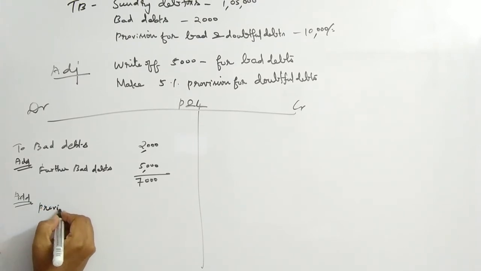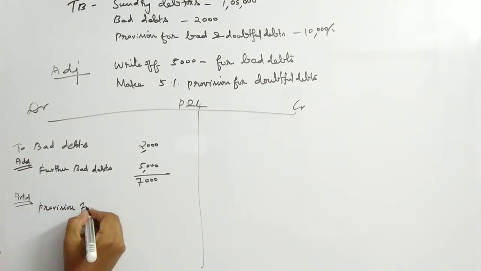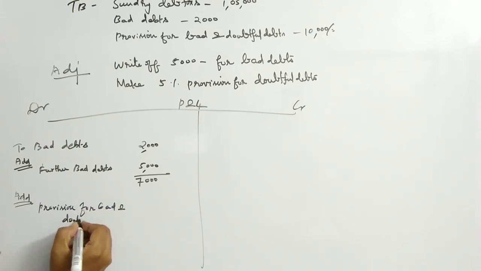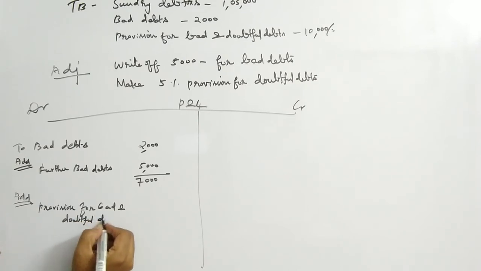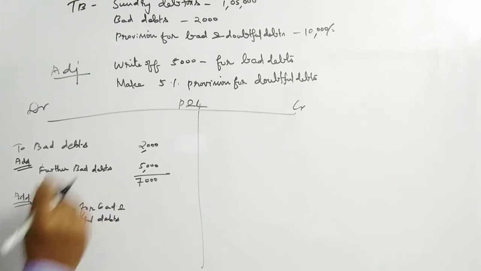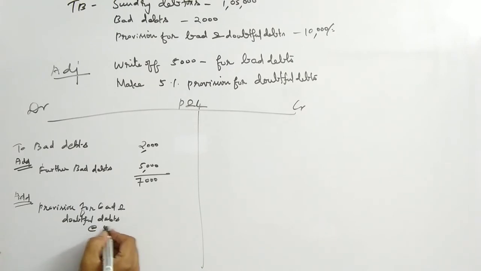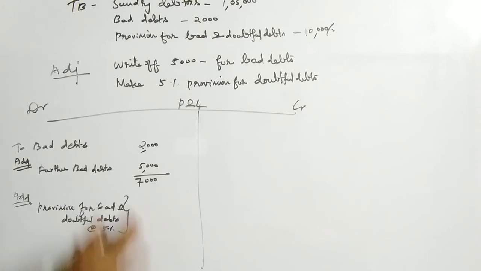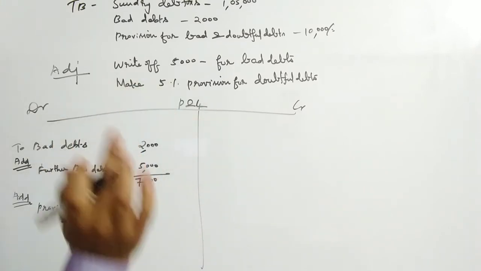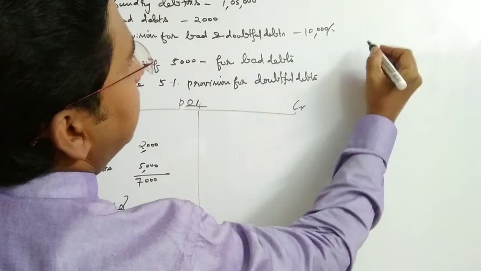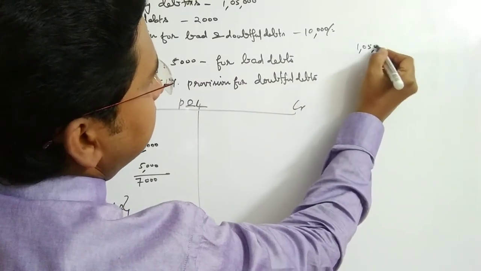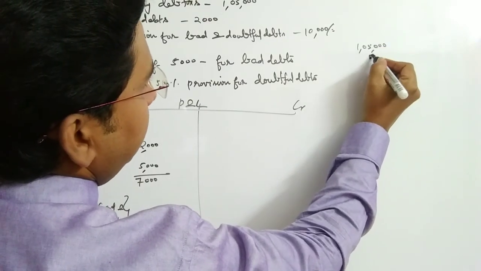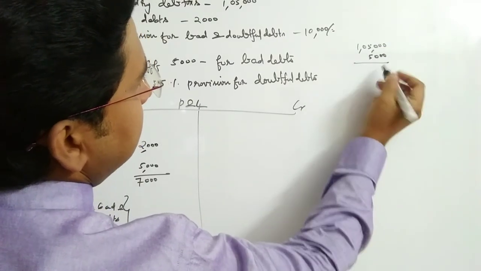Then you have to add the new provision for bad and doubtful debts at 5%. How much do we need to calculate? The total sundry debtors value is 1,05,000. After that we need to subtract the further bad debts, that is the adjustment bad debts, 5,000.